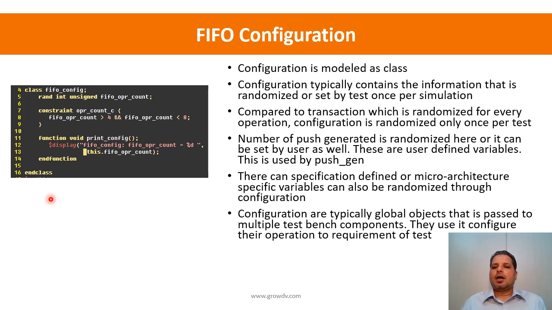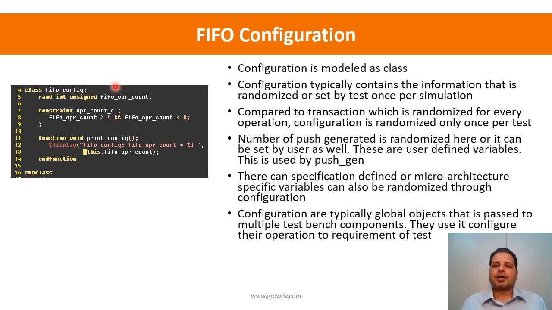And then a test is expected to randomize the configuration object, which decides in which configuration of the design we can run the particular test. So we can put even user defined parameters, like for example here we are randomizing the number of FIFO operations. The number of FIFO operations that we are generating is not actually part of any specification, it is something that we have defined, but there can be parameters that are defined by specifications.